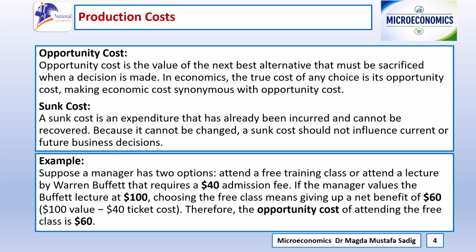If the manager chooses the free class, the benefit given up equals 100 minus 40 equals $60. Therefore, the opportunity cost of attending the free class is $60. Notice that opportunity cost is not simply the ticket price. It is the value of the best alternative foregone.